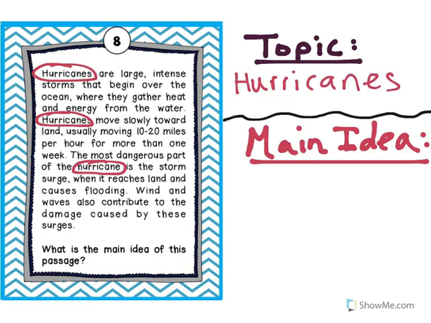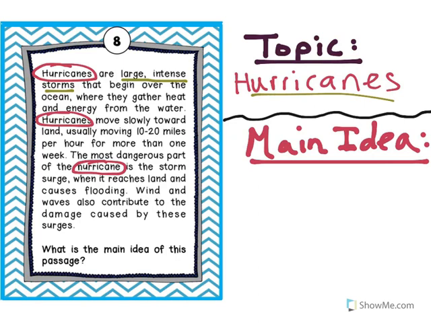So since my topic is hurricanes, I need to find and use that in my main idea sentence. So what is the author trying to tell us about hurricanes? It's definitely giving us a lot of facts, but maybe these details will help us. We notice that they're large and intense storms.